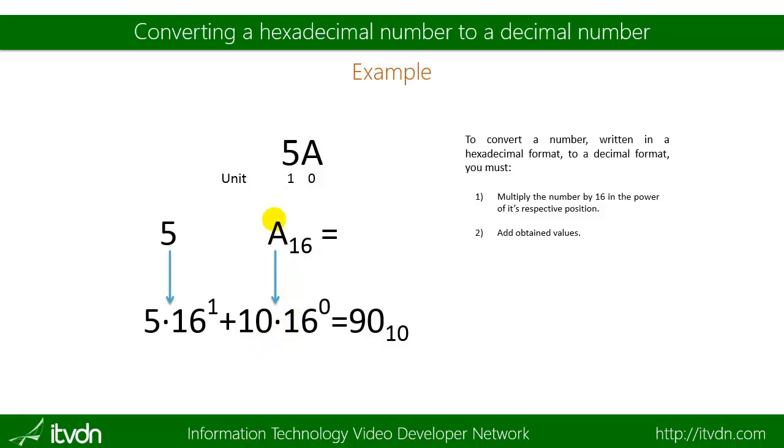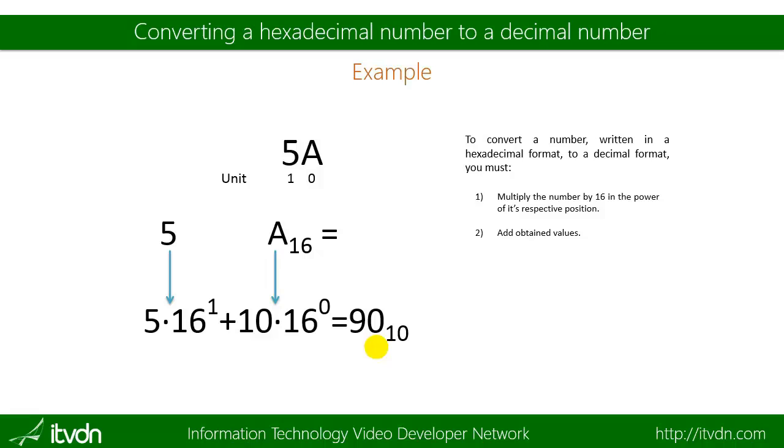So that A is 10 in the decimal system. Now, we write 10 instead of A and then multiply it by 16 raised to the power of 0. So, here we have 5 times 16 raised to power 1 plus 10 times 16 raised to power 0. 5 times 16 is 80 plus 10 is equal to 90.